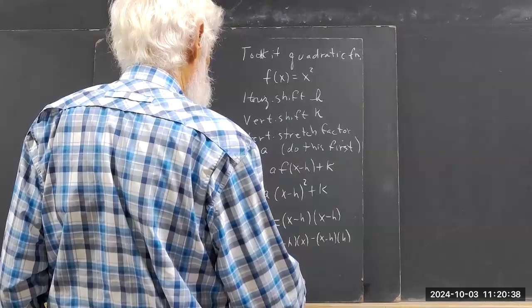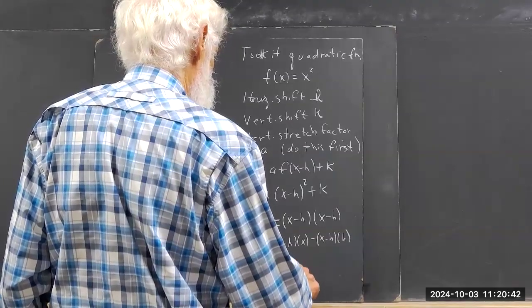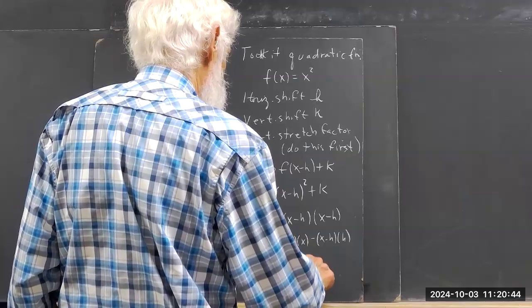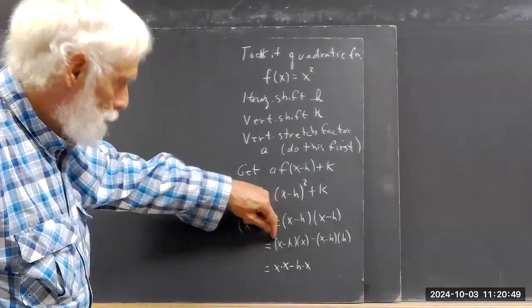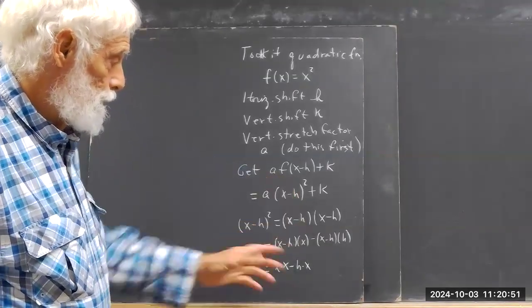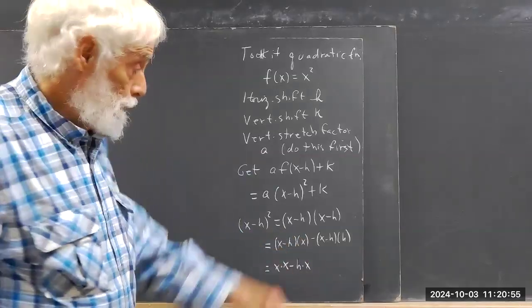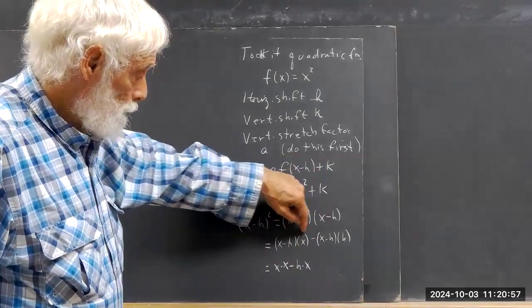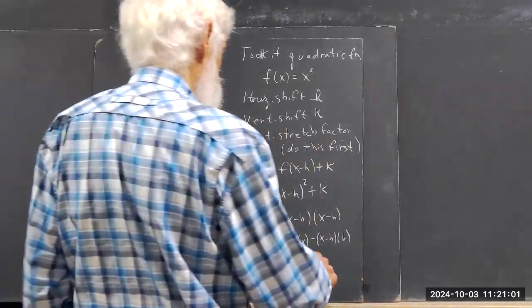That's then x times x minus h times x. You're just doing the distributive law on the other side. We did it from the left here, and now we're doing it on the right because that's the way the expressions came out. But it's the same idea.